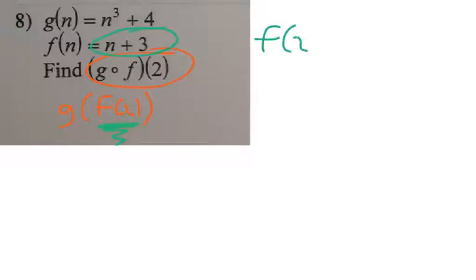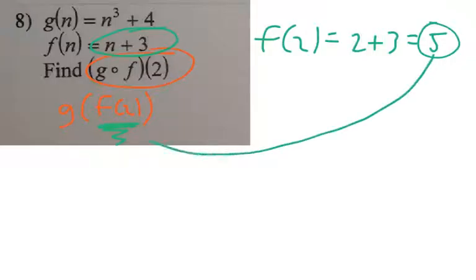Isn't f of 2 just simply 2 plus 3, which is 5? Okay. So if f of 2 is 5, can't I take 5 and plug it back into g? And we will have g of f of 2. So let's see what we get now. So what I really am going to do now is g of 5, because 5 is the same thing as f of 2, right?